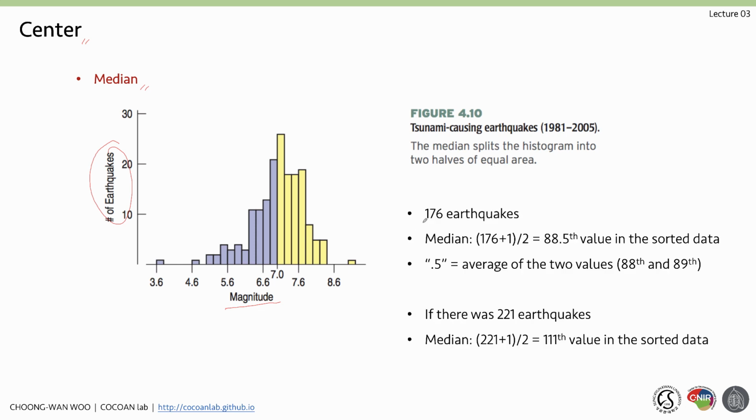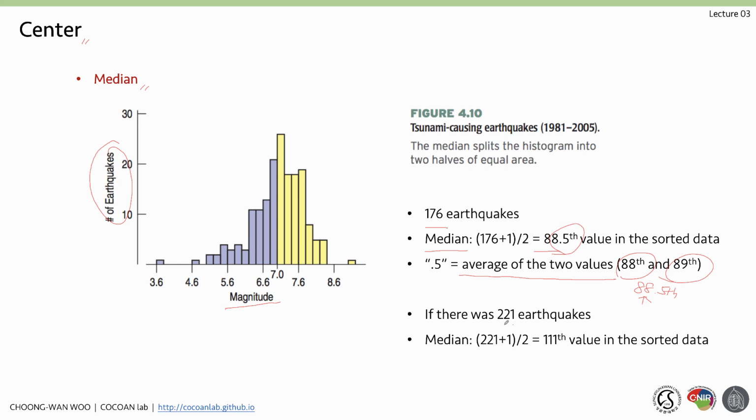So let's say there were 176 earthquakes, and the median should be the 88.5th value. Because it's an even number, there is no exact center location, so we get the average of the two values, the 88th and 89th, and the 88.5th is just the average of those two values.